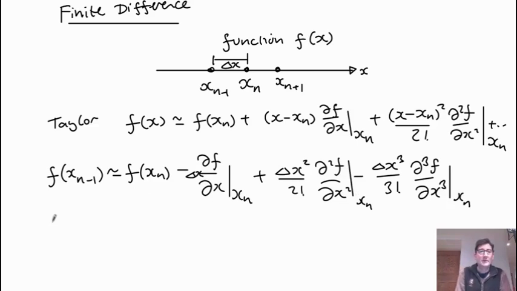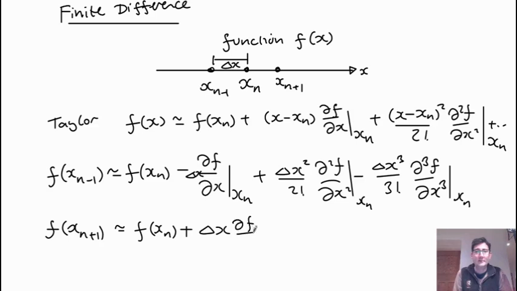And so the same for f at xn plus 1. This just gives us f at xn. Now we just have a plus because xn plus 1 is to the right of xn, so we go in this direction another distance delta x. So plus delta x df by dx evaluated at xn, plus delta x squared over 2 factorial d2f by dx squared at xn.